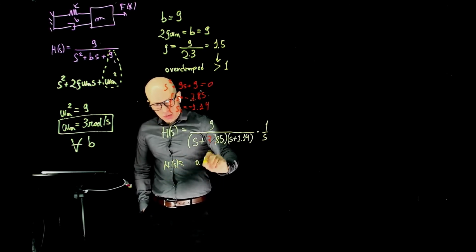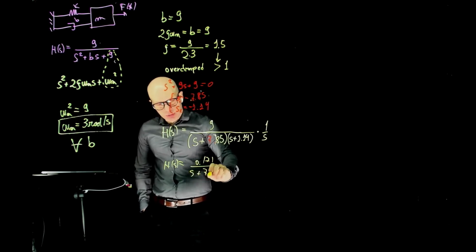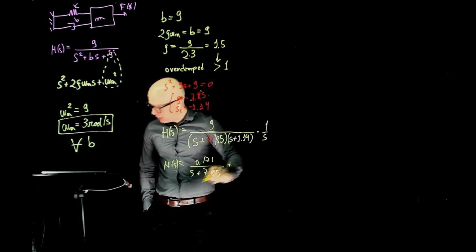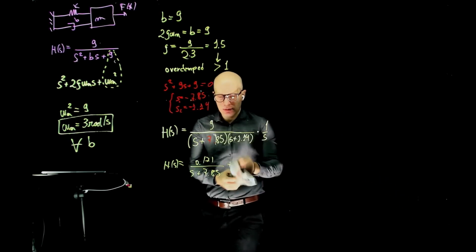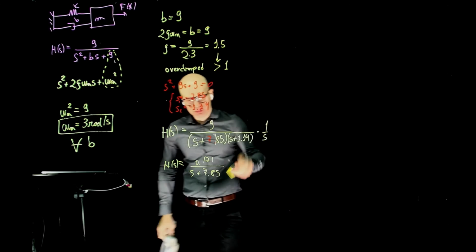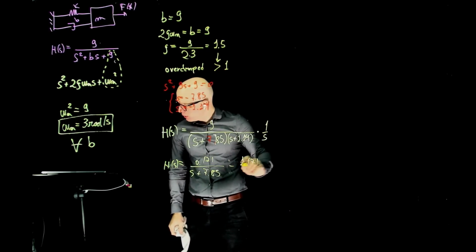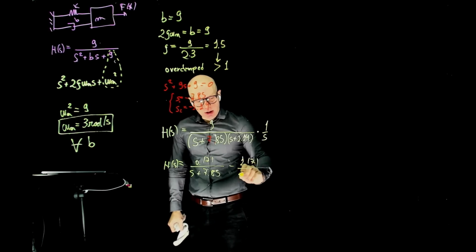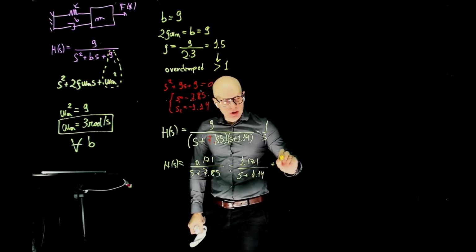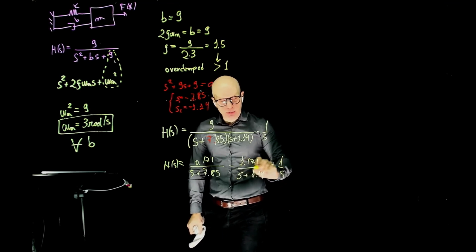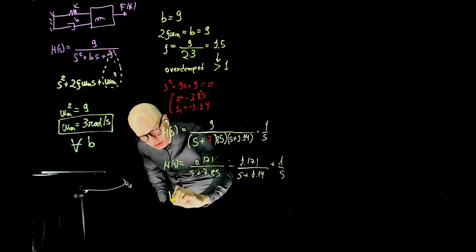It is 0.171 over S plus 7.85 minus 1.171 divided by S plus 1.14 plus 1 over S. And this is after partial fraction. We can now take the inverse Laplace. What is the inverse Laplace here?